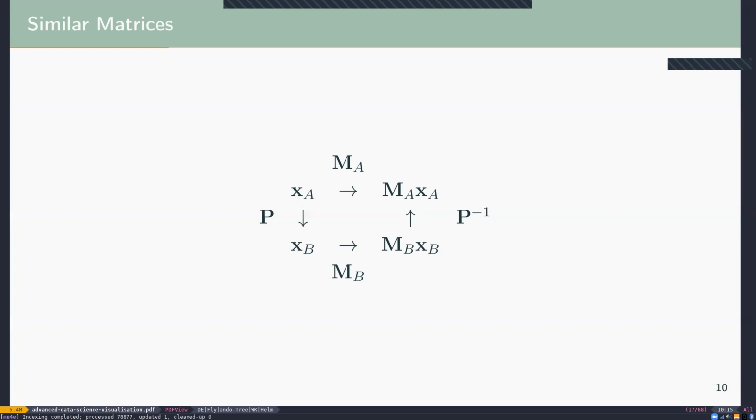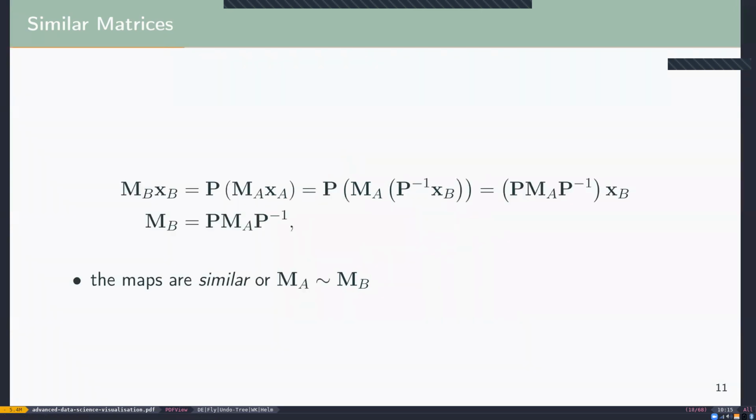So if I have a point X represented in A, now if I perform the linear map on that, plop, that's like going to MAXA. Now I can do the same thing if I got the point in B. I can apply that linear map, and this transformation matrix P just moves between those two spaces. You can think about it as a rotation, effectively. Right? Okay, this is how these matrices hang together.